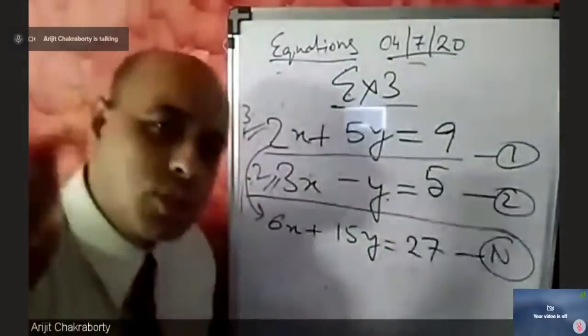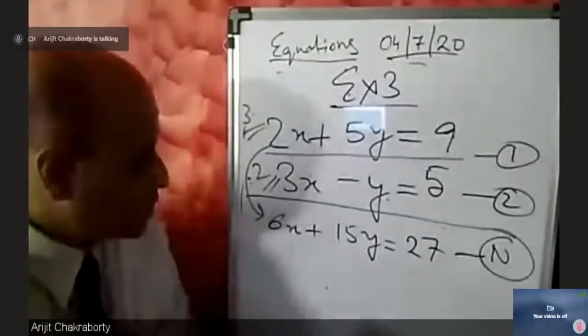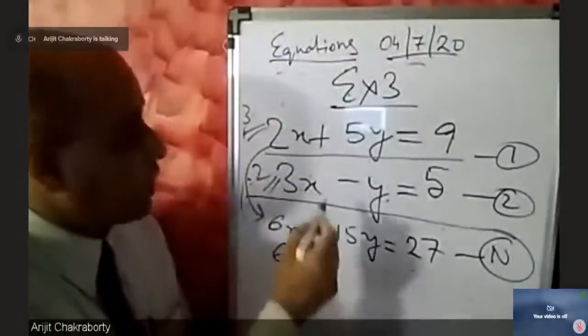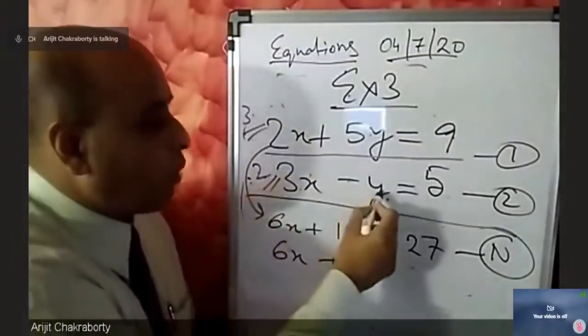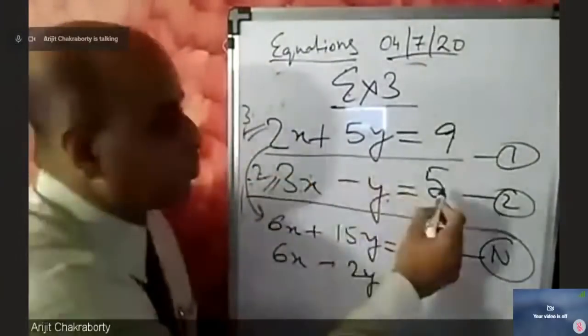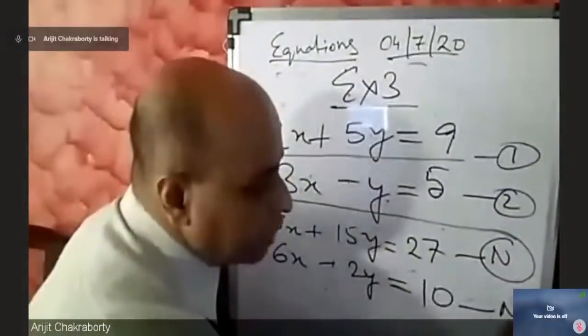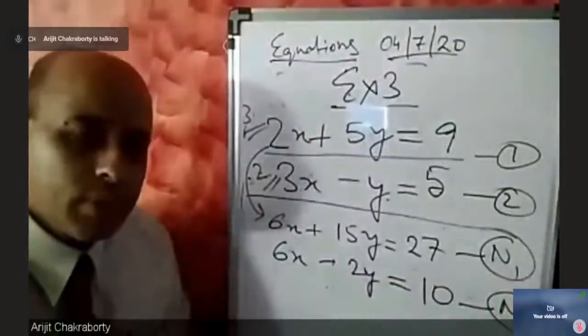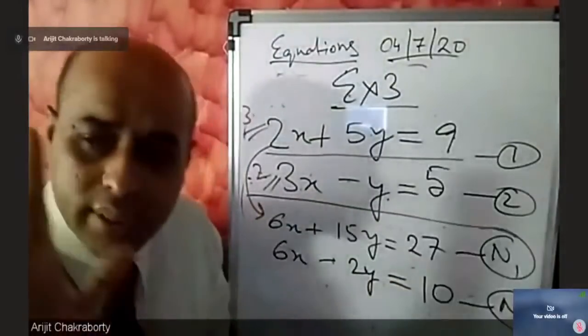So what do we get? 2 into 3x, that is 6x. So again I am writing 6x minus, this minus comes down, 2 into y, so 2y is equal to 2 into 5, which is 10. So this becomes our new equation number 2. So dear friends, in this example, till now, what have we done?